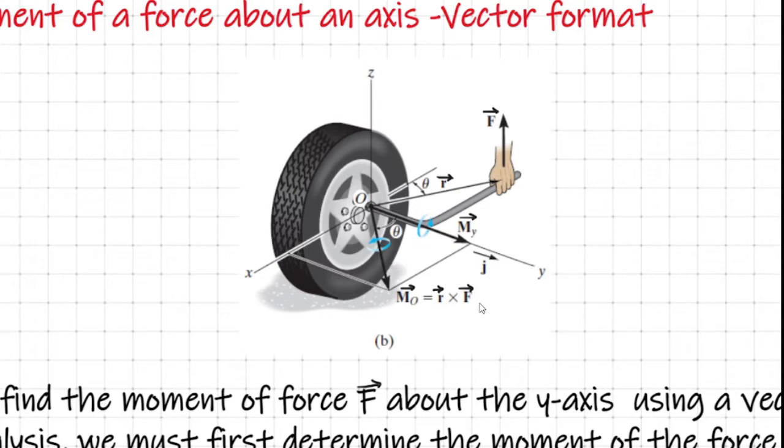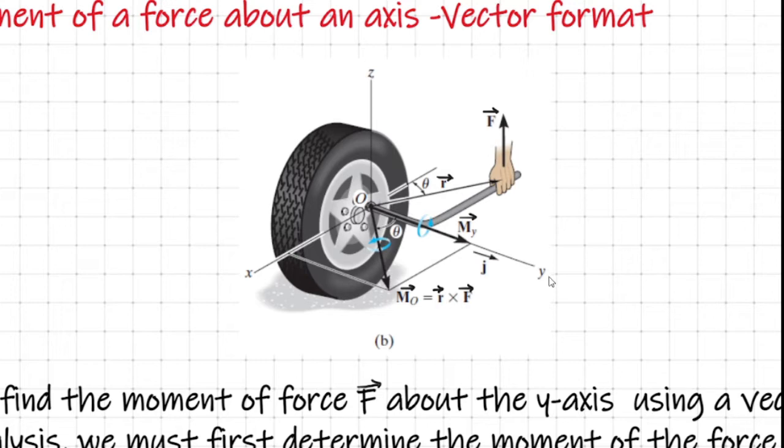Now as already discussed, this total moment vector MO is not fully effective in rotating the lug nut about the y-axis. So to find out the useful moment which is effective in turning the lug nut, we need to calculate the component of this vector MO about the y-axis.